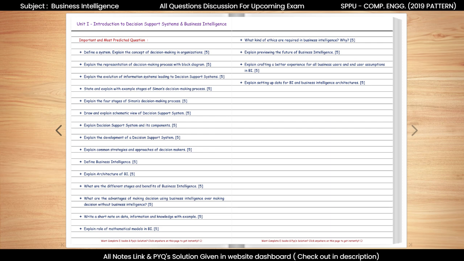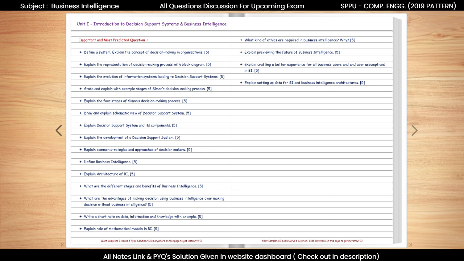Intelligence involves identifying the problem. Design focuses on developing alternatives, choice selects the best alternative, and implementation puts the decision into action. For example, a company identifying low sales, analyzing solutions, choosing a marketing strategy, and applying it follows these stages.